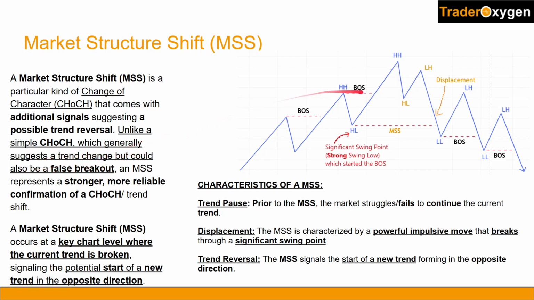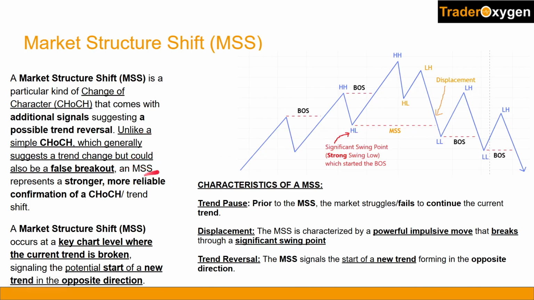So meaning it may not be a real change of character. It may just break the swing low and it may just go up again. Like it may come down and go up over here. It's like a false breakout. However, again, don't worry if you can't understand what I said. We will discuss it in more detail in future lessons.